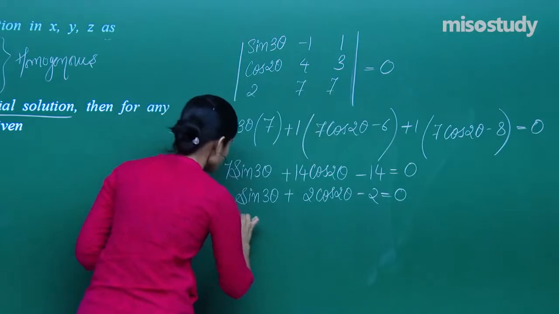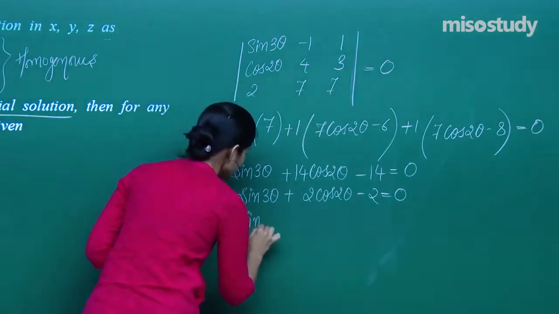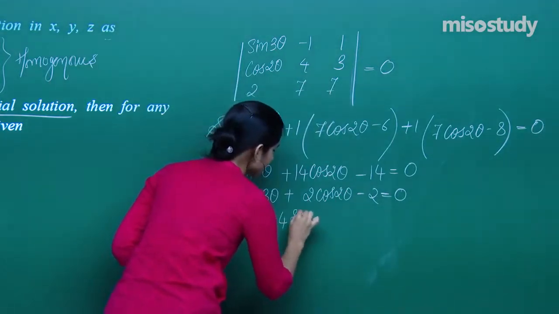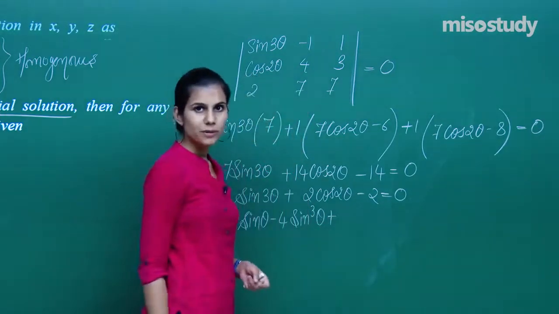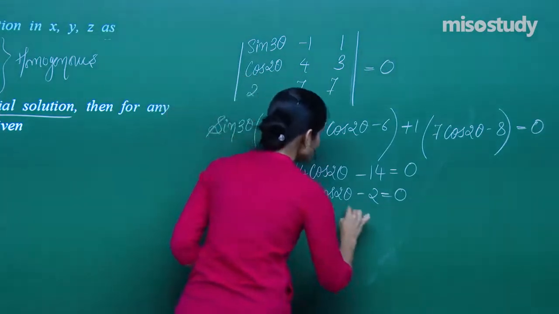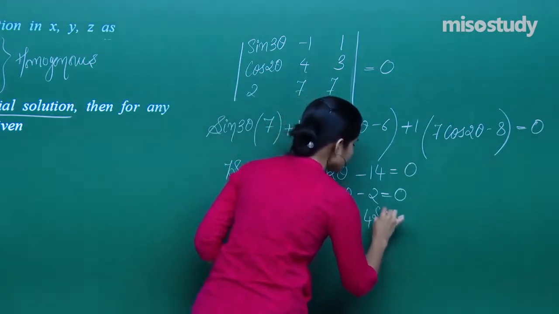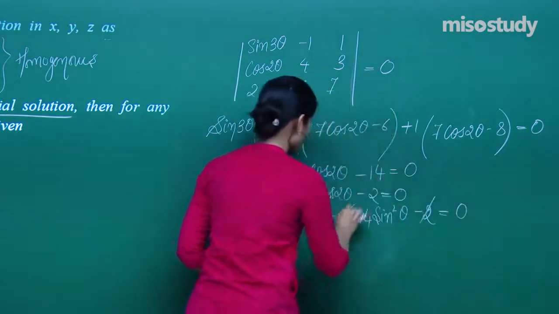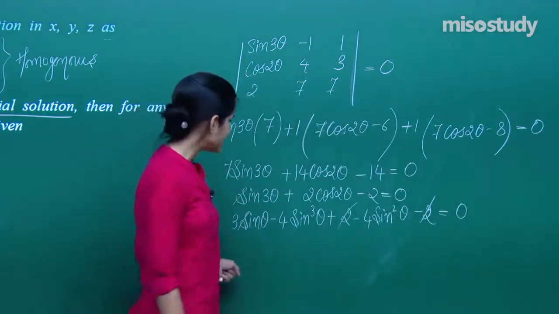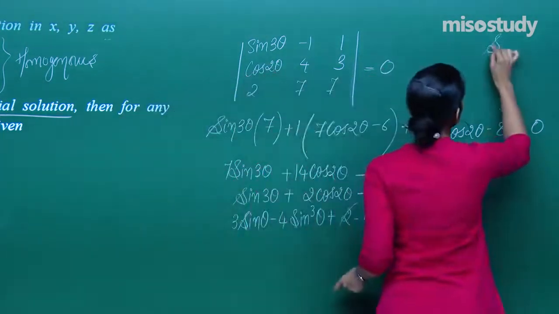Sine 3 theta is what? 3 sine theta minus 4 sine cube theta. Plus cos 2 theta is what? 1 minus 2 sine square theta, into 2, that gives you 2 minus 4 sine square theta minus 2. Minus 2 plus 2 gets cancelled, sine theta can come out common.